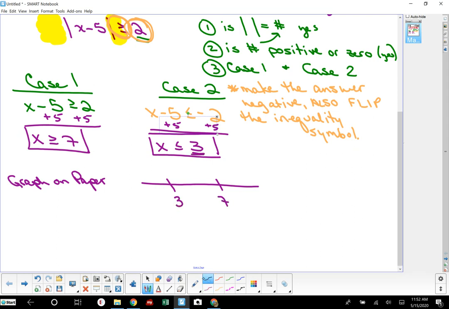We talked about this in 1.3, actually. Remember that an open dot goes with those two symbols, and a closed dot goes with the other two symbols. Because we have a greater than or equal to here and a less than or equal to here, we're going to have solid dots on both of these.